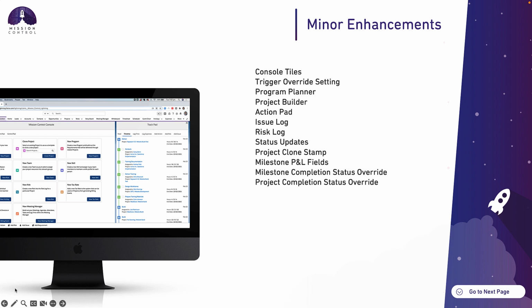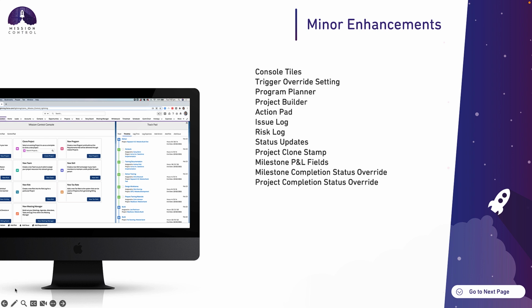We've also made an adjustment to the ability to set the status of a record to complete. Obviously the status fields exist on the project, milestone, action, and checklist, and they're automatically updated based on the changes made to the child record.